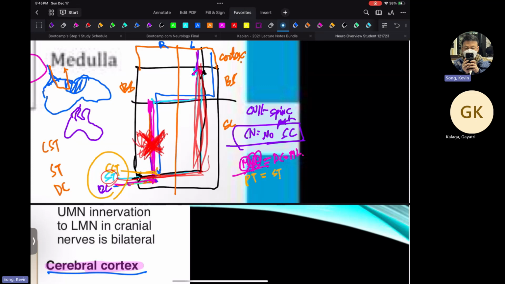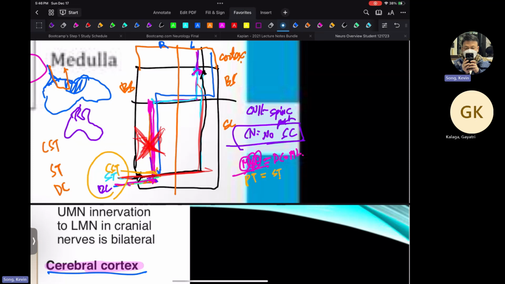If I had a lesion on the right side, do I have a pain and temperature problem on the right side, the same side, ipsilateral? Yes or no? No. Good. You understand that because the black line doesn't get involved even if I have a spinal cord problem.